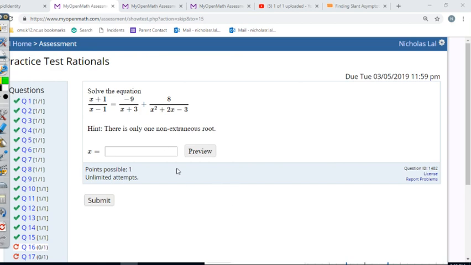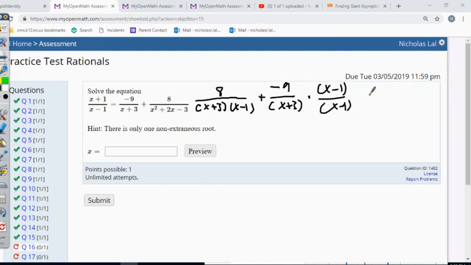16. All right. This factors into x plus 3, x minus 1, by the way. That's 8 over x plus 3 times x minus 1, plus -9 over x plus 3 times x minus 1 over x minus 1, get a common denominator, is equal to x plus 1 over x minus 1 times x plus 3 over x plus 3.